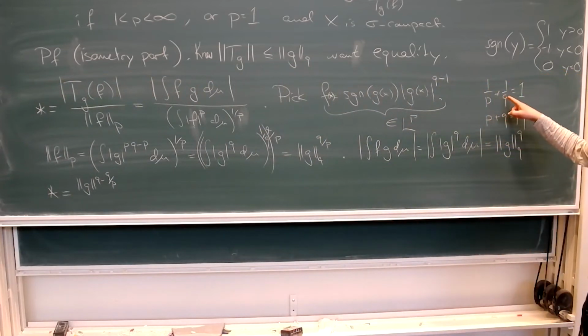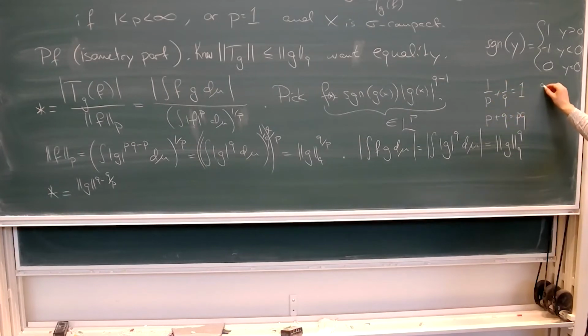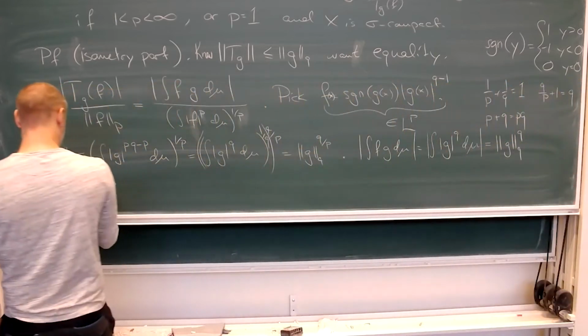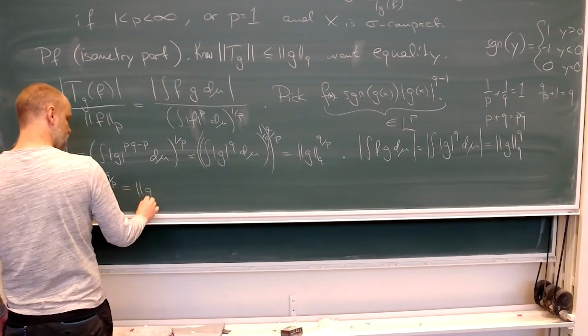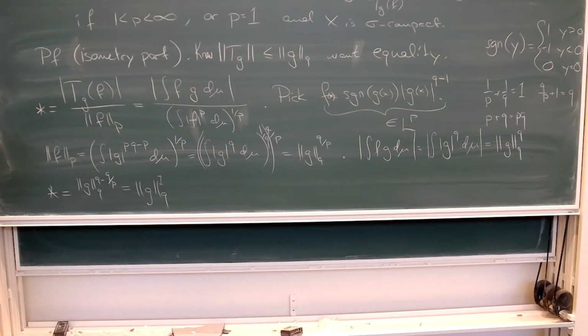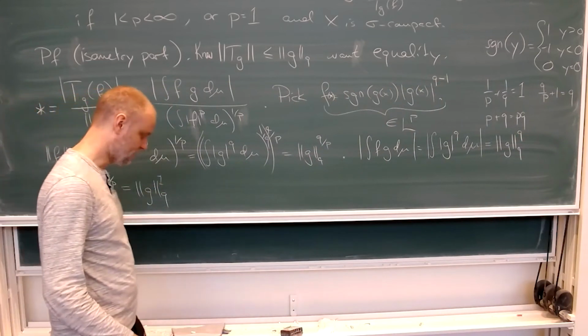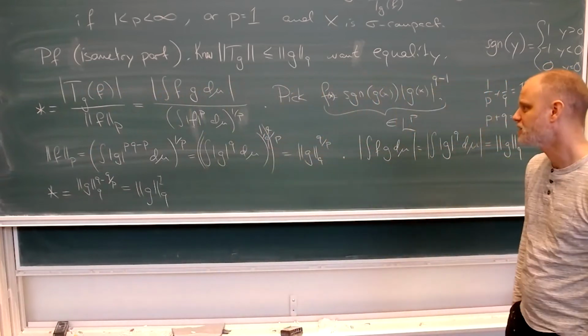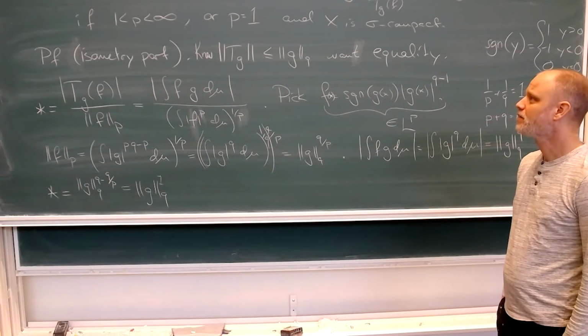If I multiply here with q, then I get q divided by p plus 1 is equal to q, right? So now I move this to the other side, and this is equal to 1, as desired.